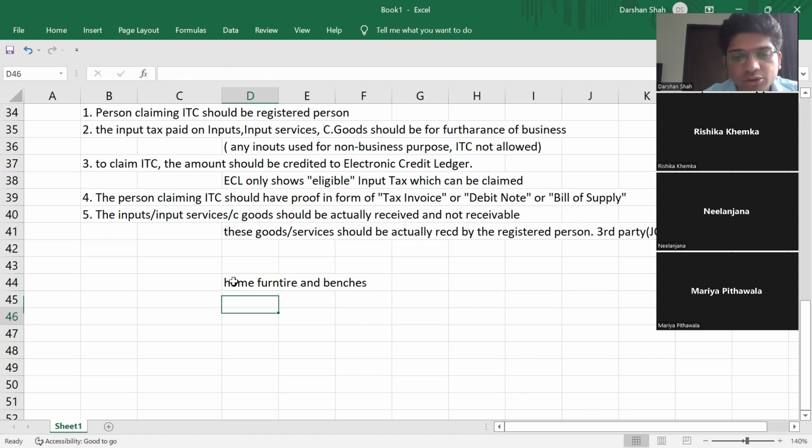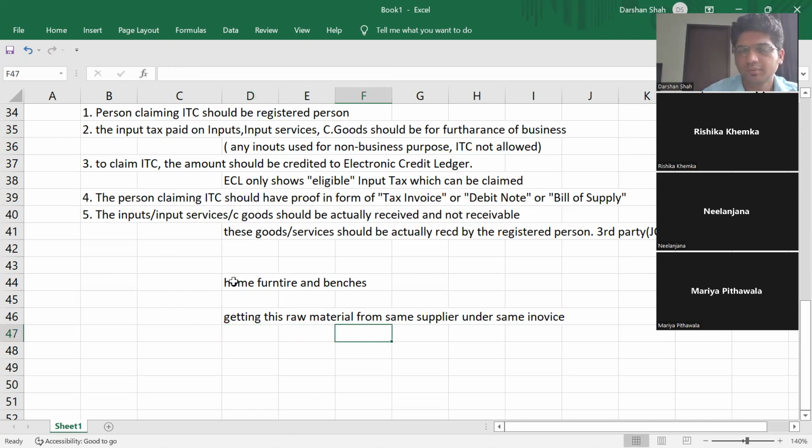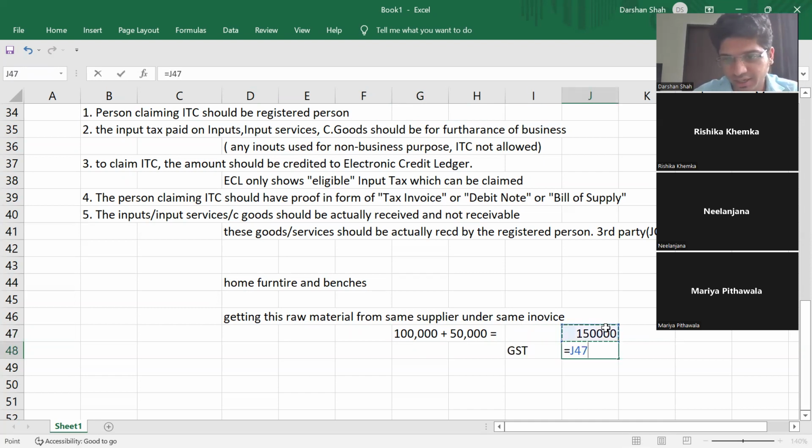I've taken. So I'm getting this wood, this raw material from the same supplier, under the same invoice. So 1 lakh plus 50,000. The supplier is giving me a single tax invoice of 1,50,000 and GST at 18%.